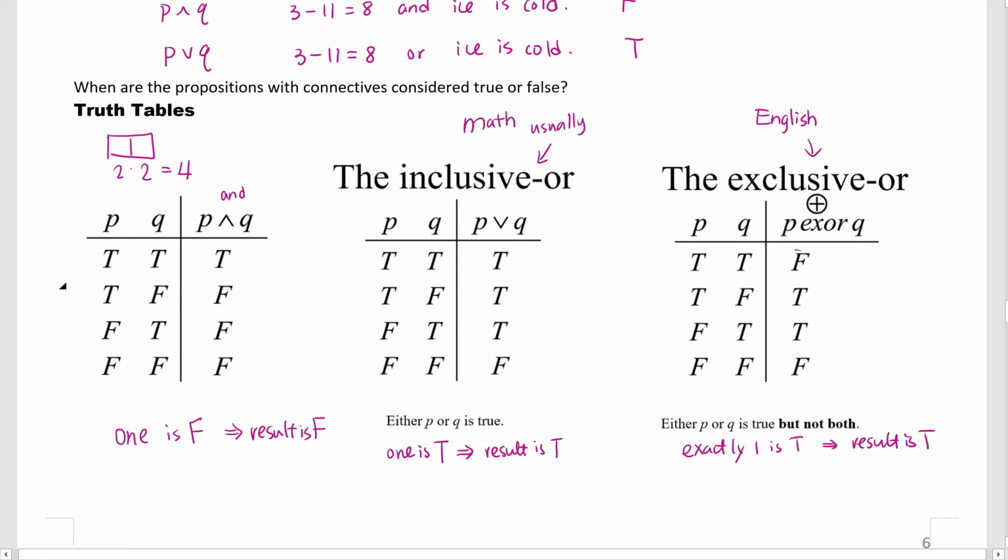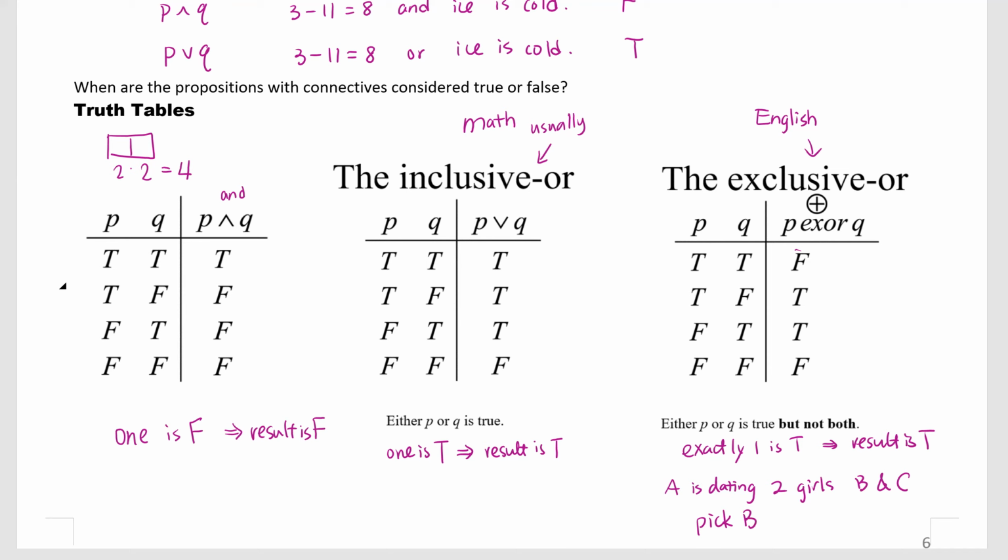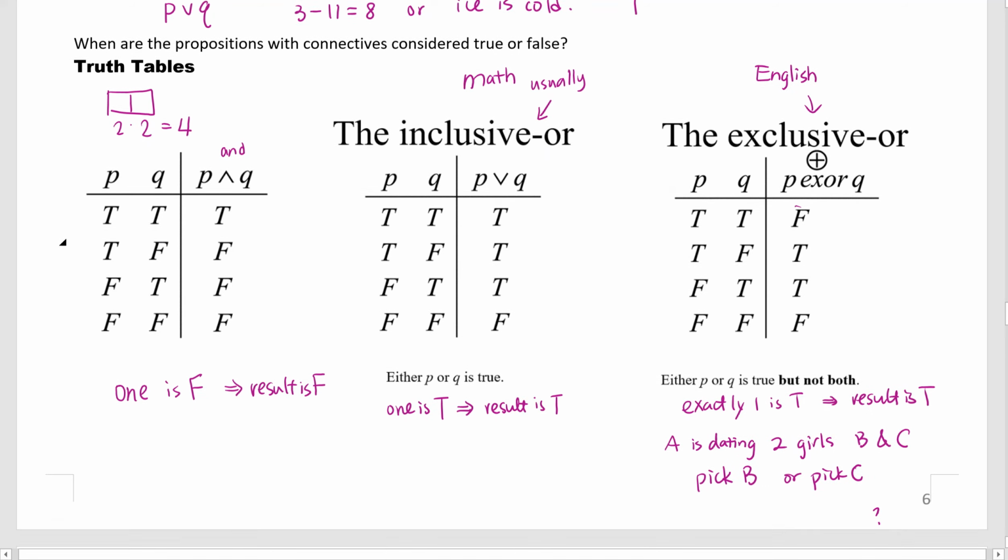I can give you an example here. It's like A is dating 2 girls. Okay, and that's not good. B and C. So the 2 girls find out that. So then A must pick B or pick C. Okay, and can pick both.